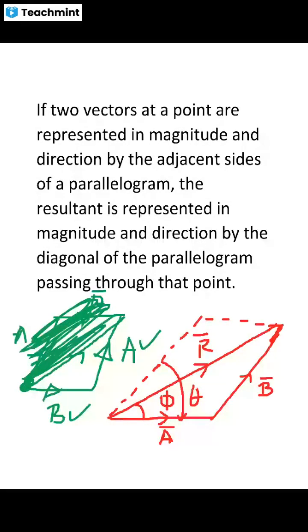This is the resultant. Don't forget, it's like the triangle law. That's why I said earlier that the triangle law and the parallelogram law are actually talking about the same thing. Take note of that.